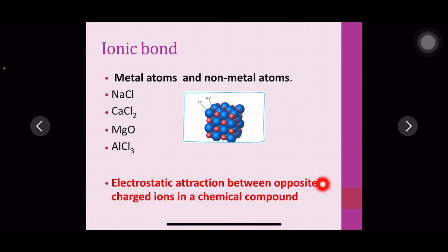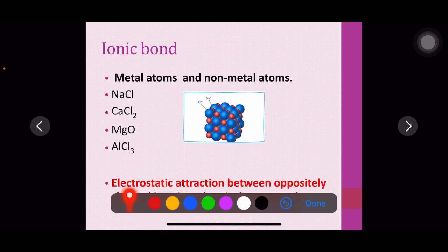How to define it? Electrostatic force of attraction between oppositely charged ions in a chemical compound, and this gives rise to a crystalline lattice, which is made up of oppositely charged ions alternating with each other.